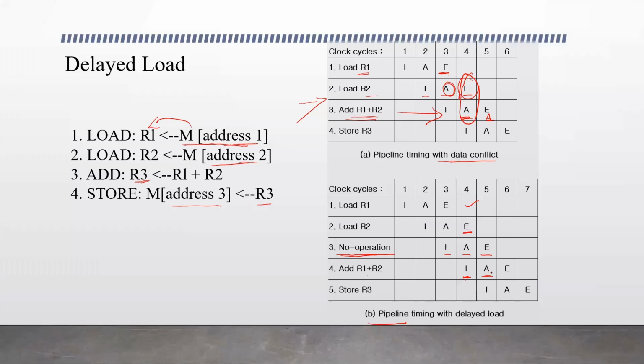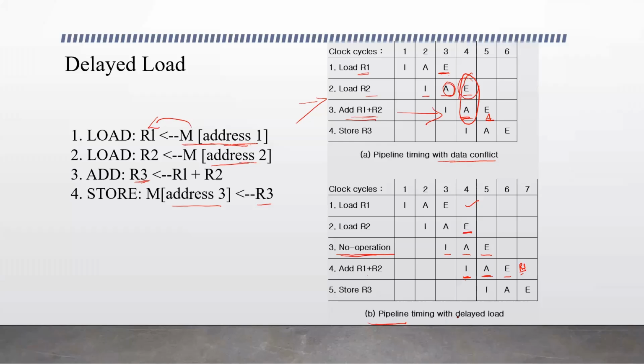So in clock cycle 5 it is available. So this can now perform the addition of R1 and R2, and during execution the result is stored to R3.